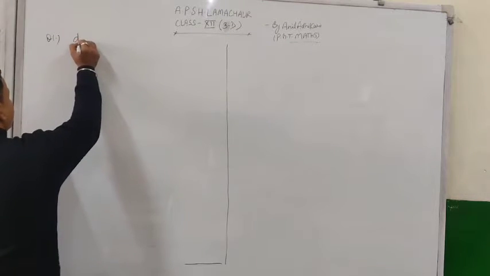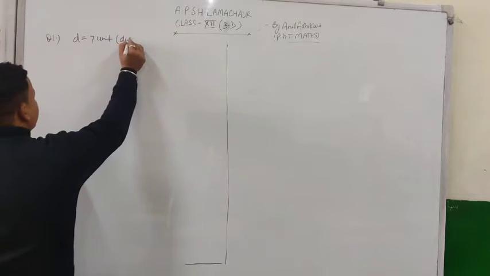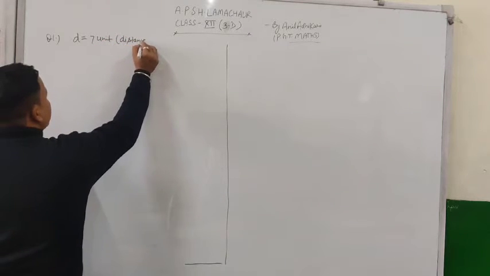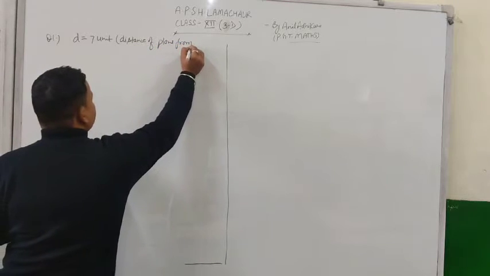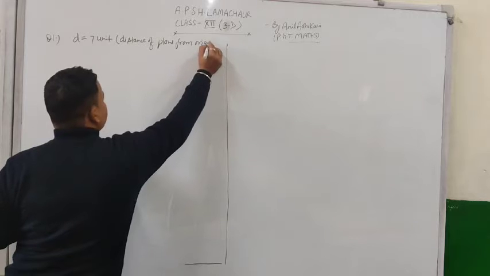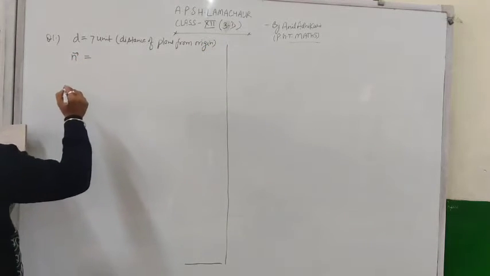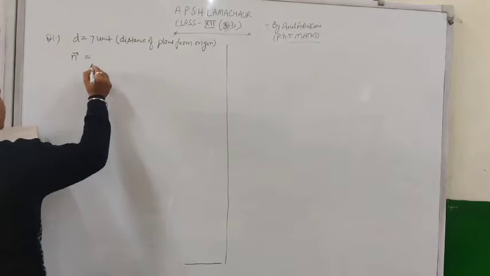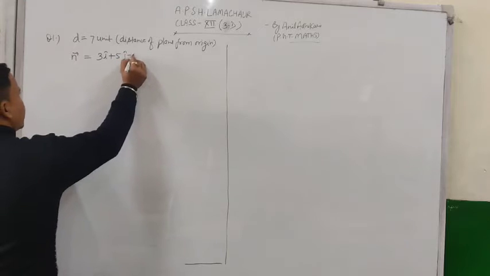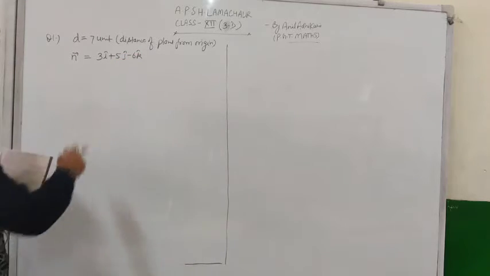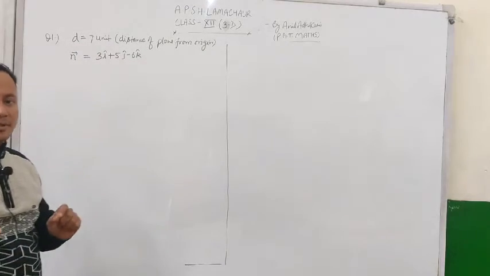The distance of the plane from the origin is 7 units, and the normal vector is 3i plus 5j minus 6k. This is the normal vector of the plane and this is the distance of the plane from the origin.